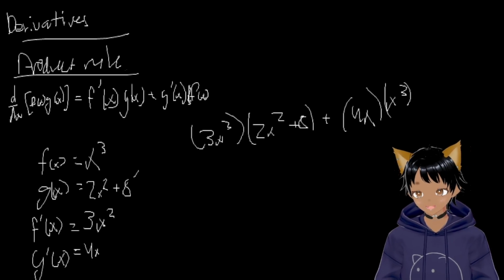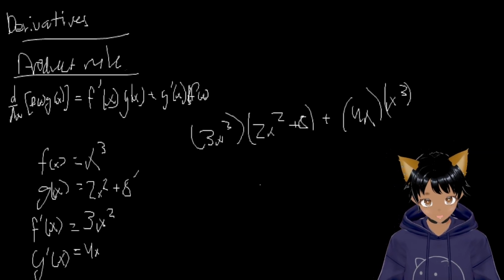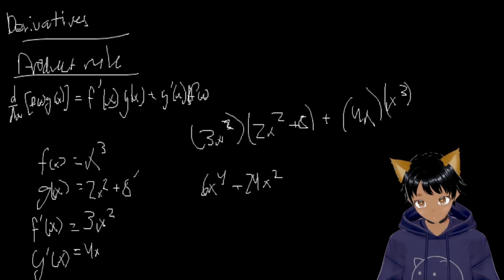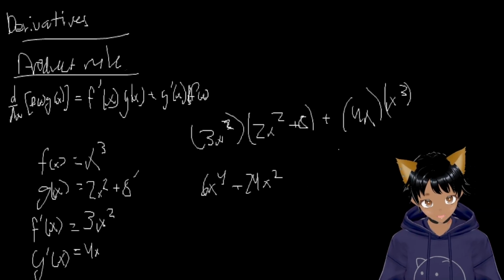I think you should be able to do this, but I'll do it for you. So 3x^2 times these two numbers, we get 6x^4. 3x^2 times 8 equals 24x^2. There. Simple. Now we go on to here.